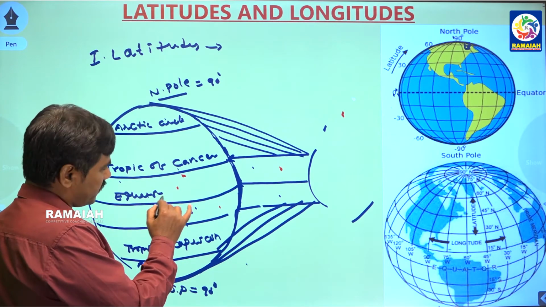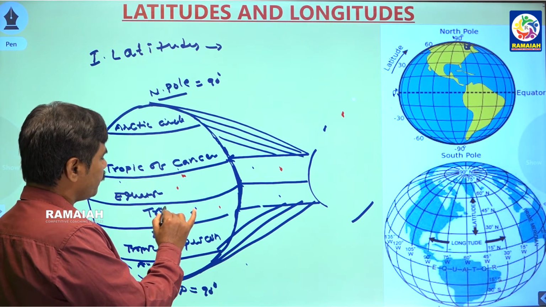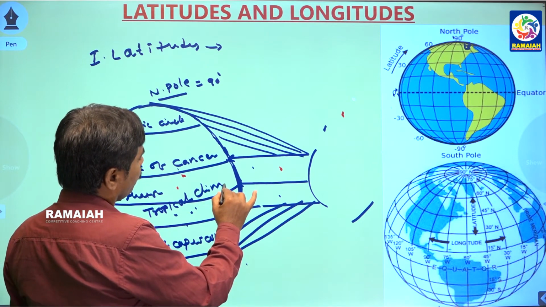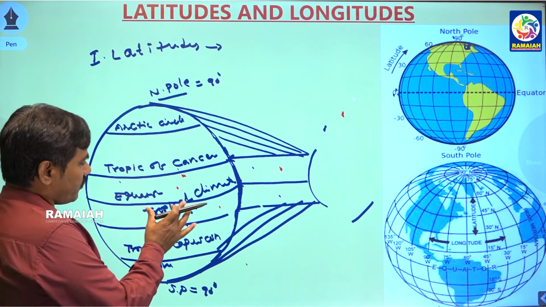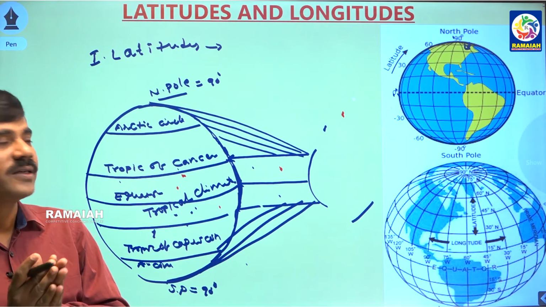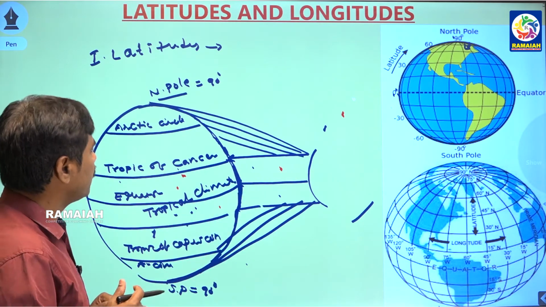That's why this region is called the tropical climatical region. Tropical climate means the hottest region. Why? Because it is very near to the sun. That's why it is the hottest climate.